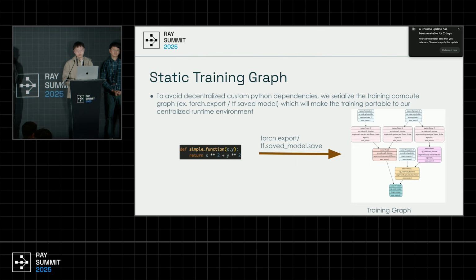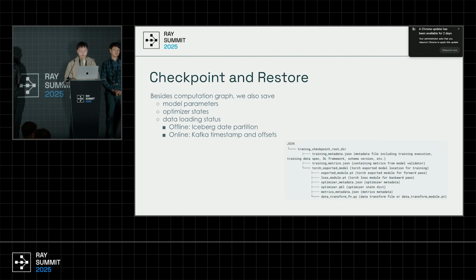The static graph also simplifies reproducibility and safety, so we can version and validate the compute graph much more easily than validating Python scripts. Besides the training compute graph, we also take a snapshot of other internal training status, including model parameters, optimizer states, and data loading states.